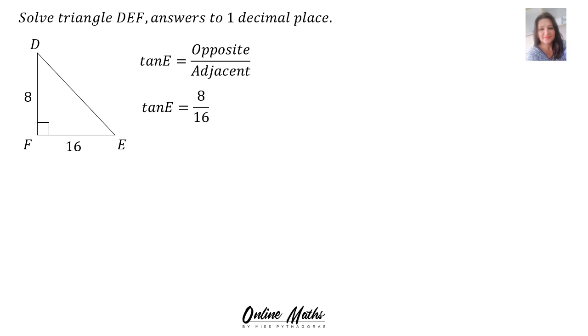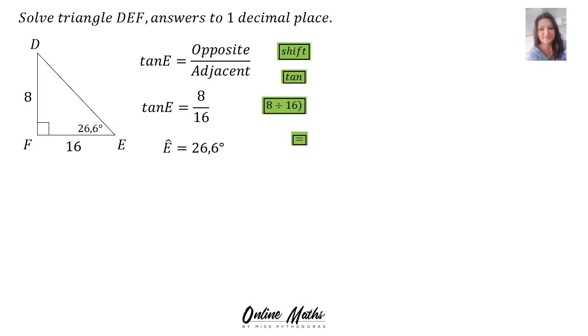Therefore tan E is 8 over 16, and then when you're working out the angle, your steps are shift tan 8 divided by 16 equals. Therefore, angle E's size is 26,6 degrees. And now that you know the size, you can also put it in on your sketch.